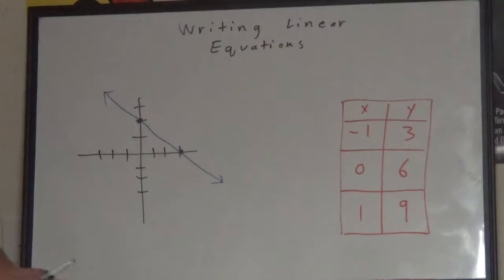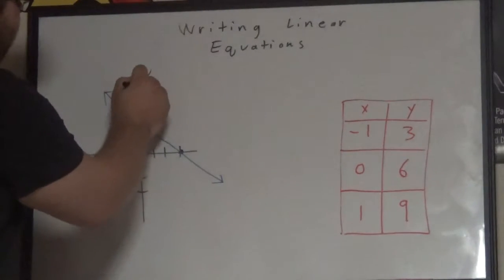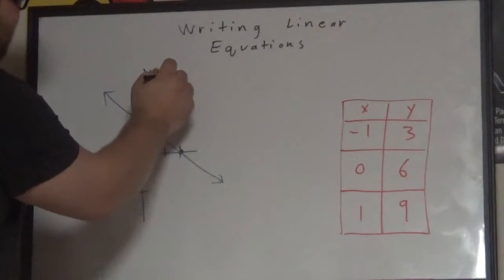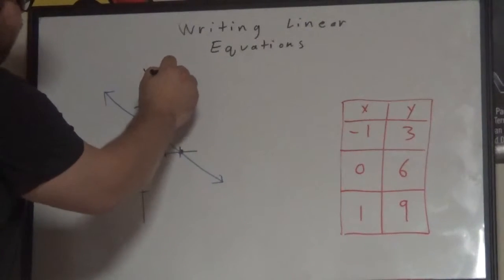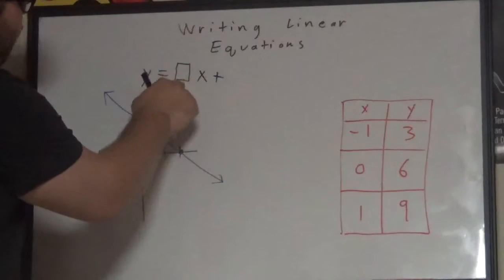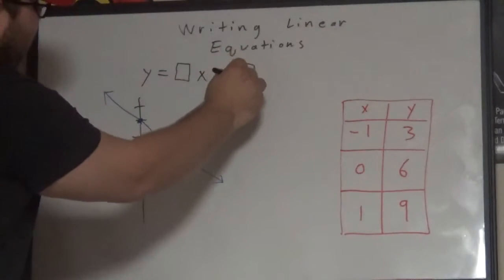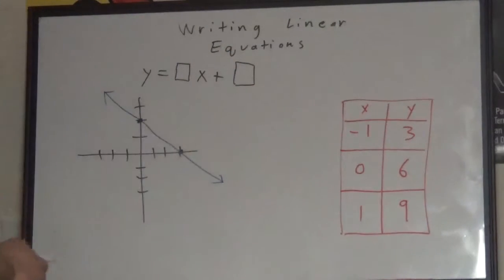Now, if you're given a graph that looks like this and you're asked to write the equation, first thing is, remember that a linear equation is written with two pieces of information. It's got a slope, which goes in this box, and it's got a y-intercept, which goes in this box.